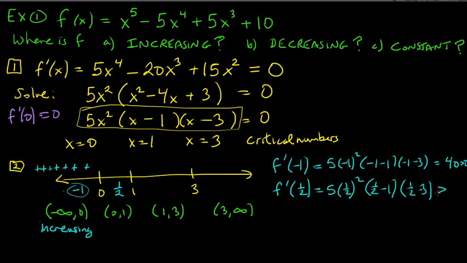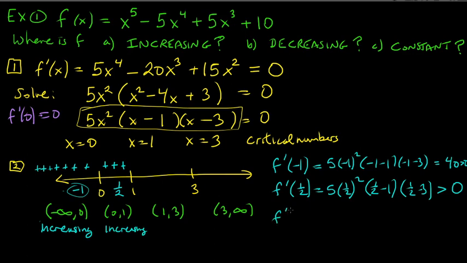Whatever number this is, it's definitely going to be positive, since it's a positive times a negative times a negative. So it's also going to be positive at 1/4, or 3/4, or 1/3. It's going to be positive everywhere between 0 and 1, so it's going to be increasing between 0 and 1 as well.